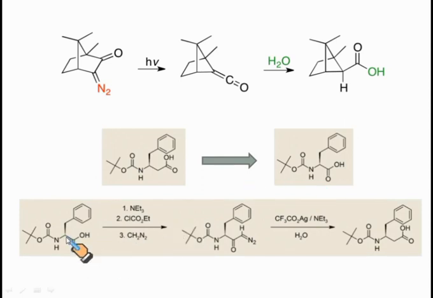First, this compound is treated with NEt3 followed by ClCOOEt and then treated with diazomethane. It generates the following alpha diazoketone compound, which is then treated with CF3CO2Ag in the presence of NEt3 and water and generates our desired carboxylic acid compound.